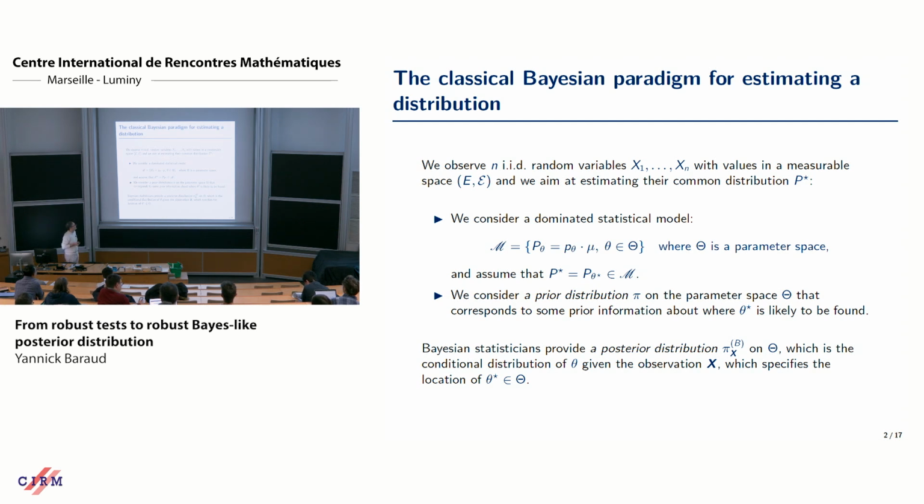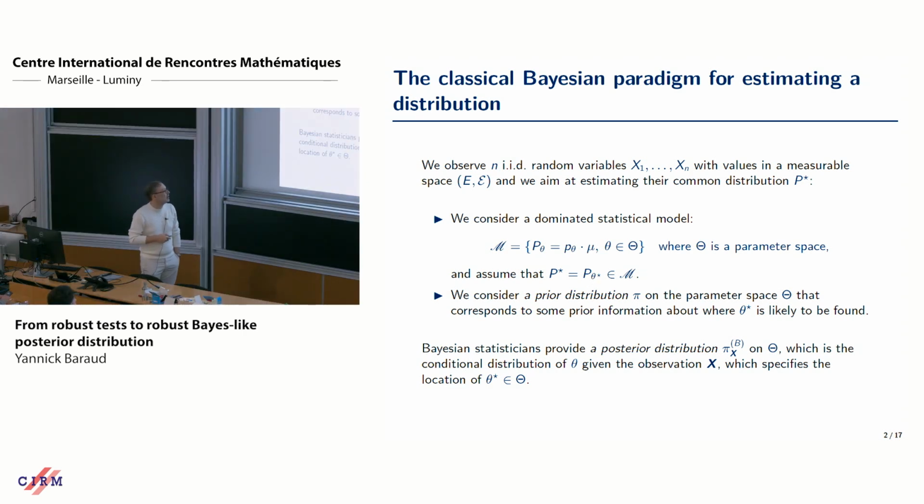And if this statistical model is true, of course there is absolutely no way to check that the statistical model is true. But if it is true, it means that everything's as if the parameter theta star were drawn at random according to the prior distribution pi, and then my data were just drawn according to the distribution p theta star.